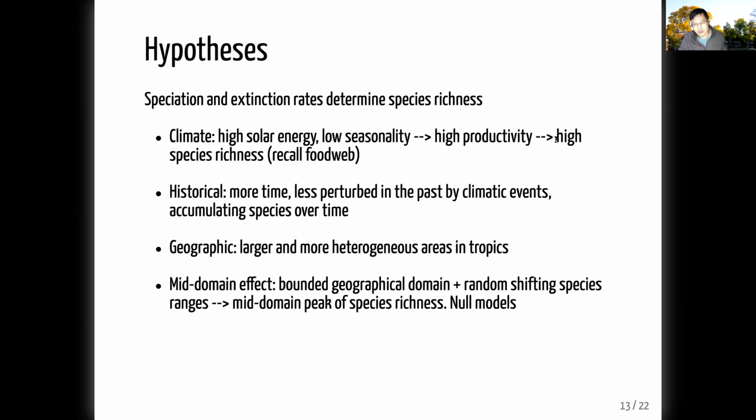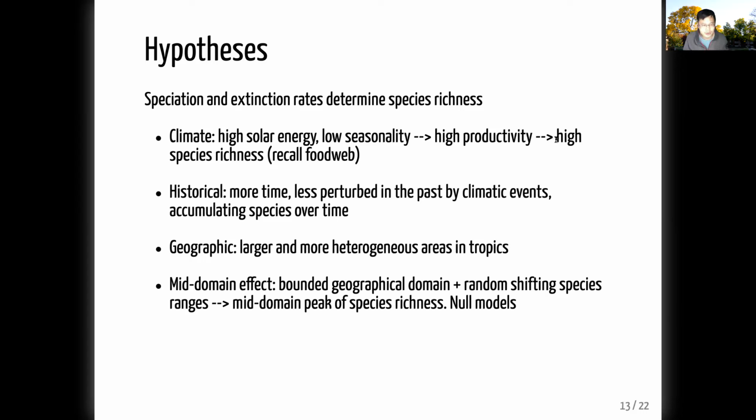This is going to translate to higher species richness compared with high latitude areas, which have less energy and lower productivity. So that's the climate group of hypotheses.